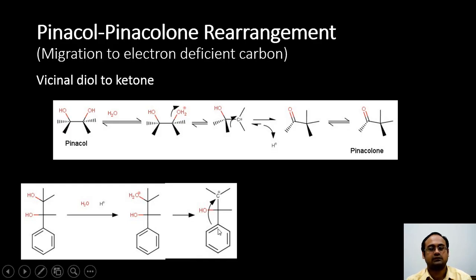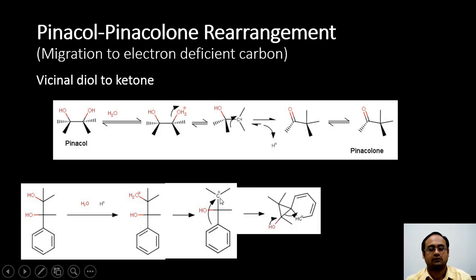But this carbocation can further rearrange to give you a more stable structure. In this reaction, the pi cloud of the benzene ring attacks the carbocation to form another carbocation, which is stabilized by resonance. I leave it up to you to draw these different resonance structures for this intermediate.